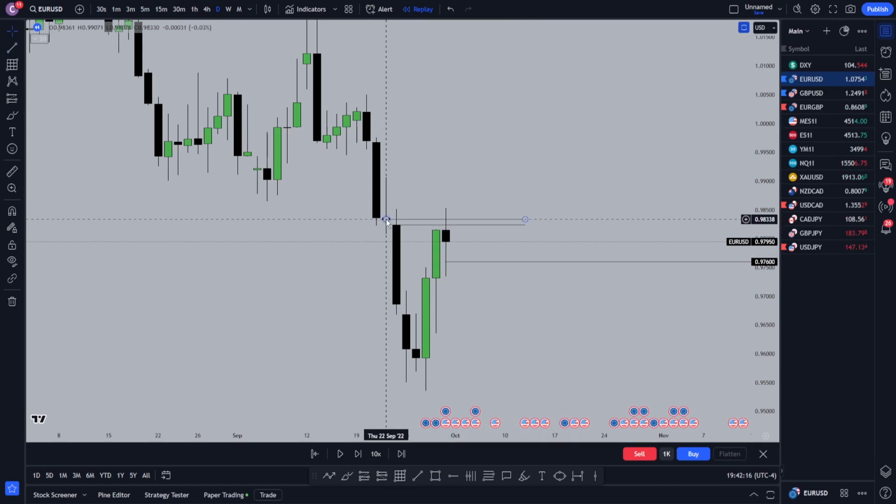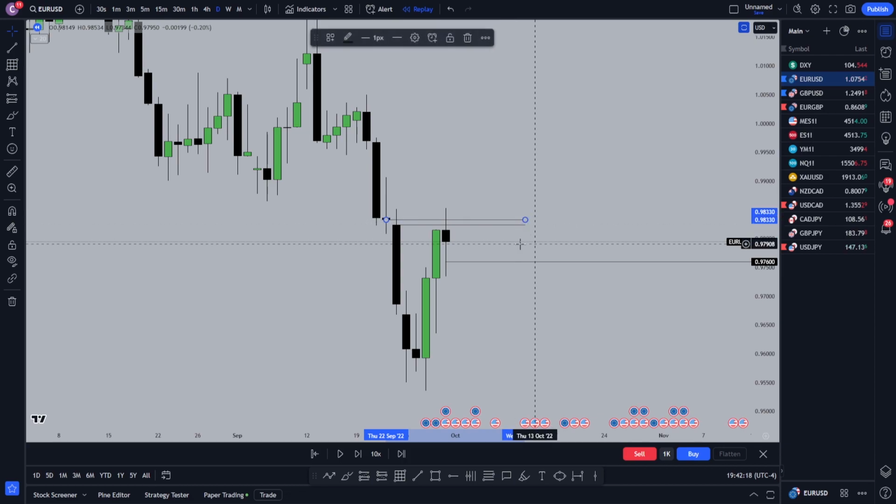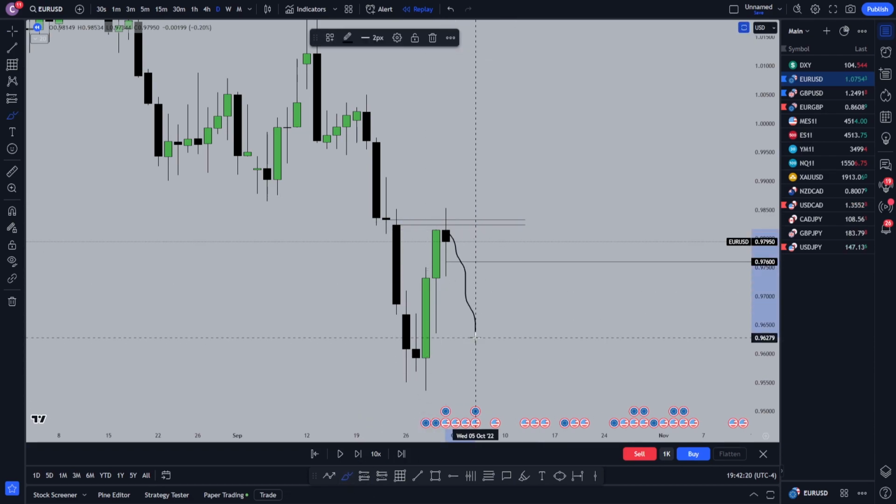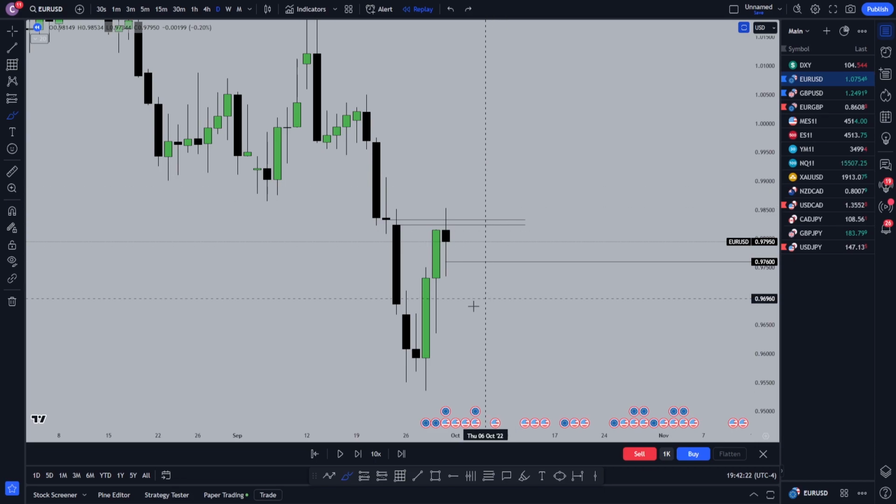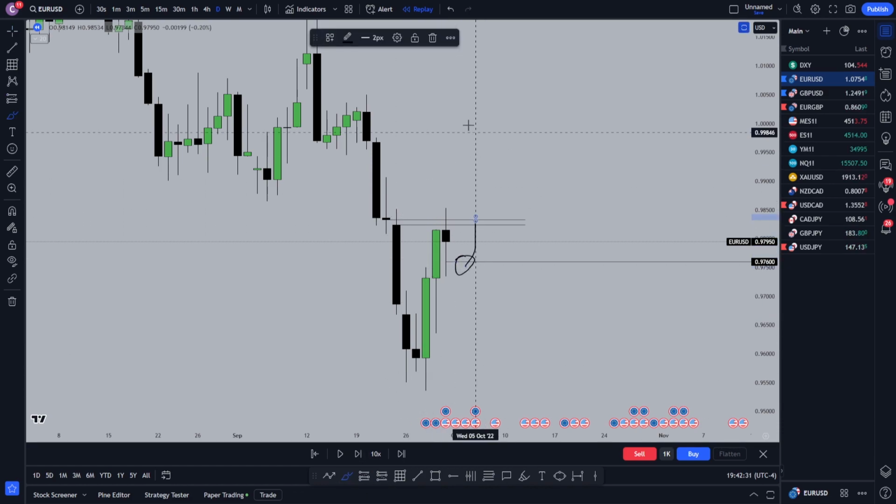I want to see what happens in this volume imbalance. I want to see if we start rejecting down and continuing on bearish, or if we're going to just be bullish. Okay, so over here, it would be looking for a buy up into this volume imbalance again, or even higher, but let's see what happens.